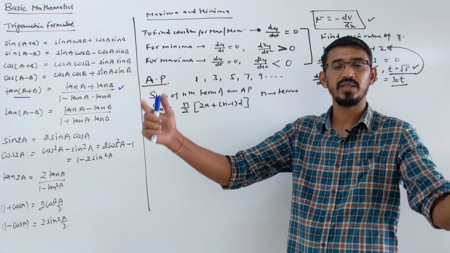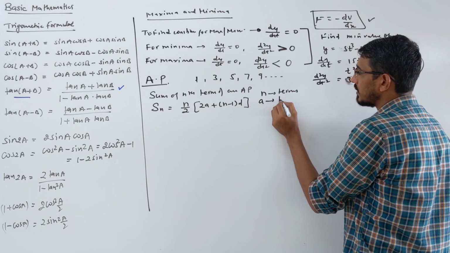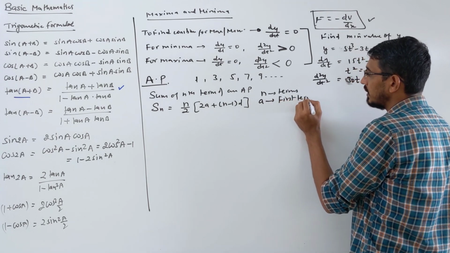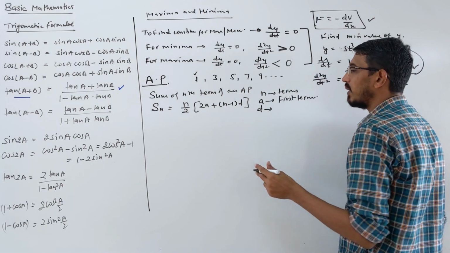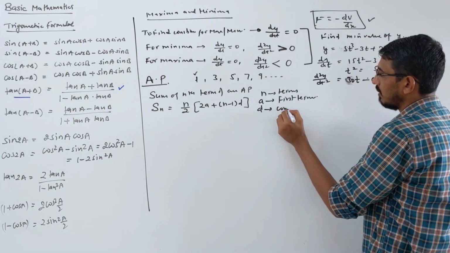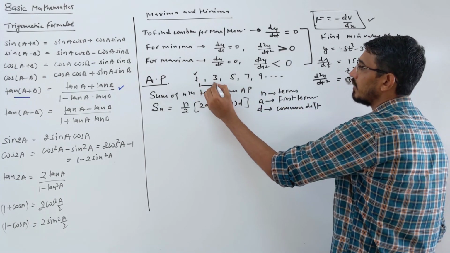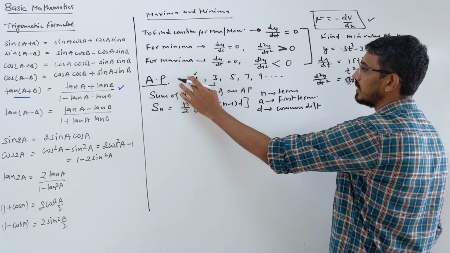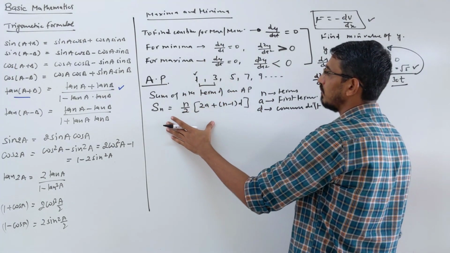Sum of the first 10 terms, first 20 terms, that's n. And a is always your first term. In this series, the first term is 1. And d is called the common difference: by what amount this series is increasing or decreasing. In this case, the common difference is 2. You subtract any term from the next and you get 2. So this gives the sum of n terms.